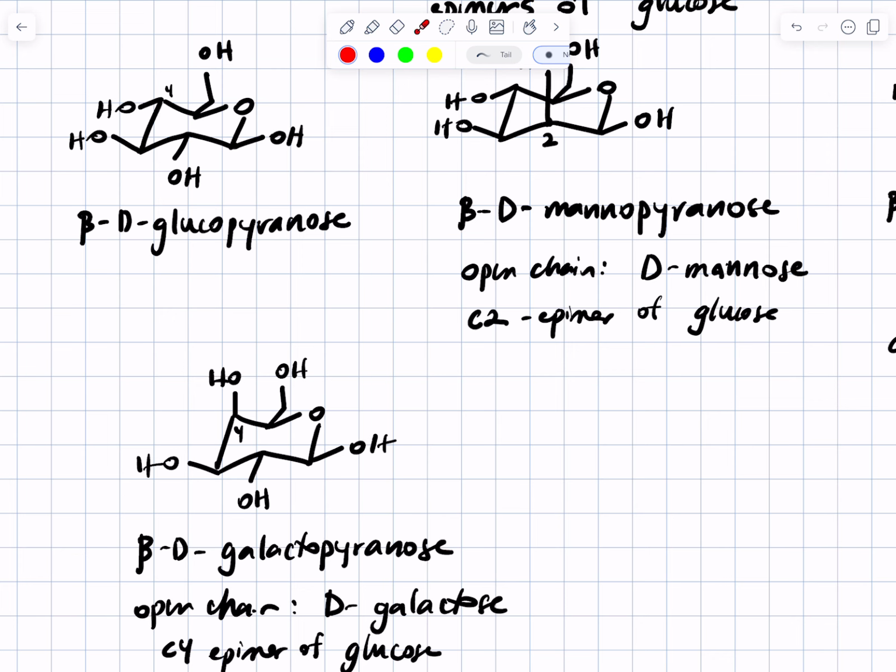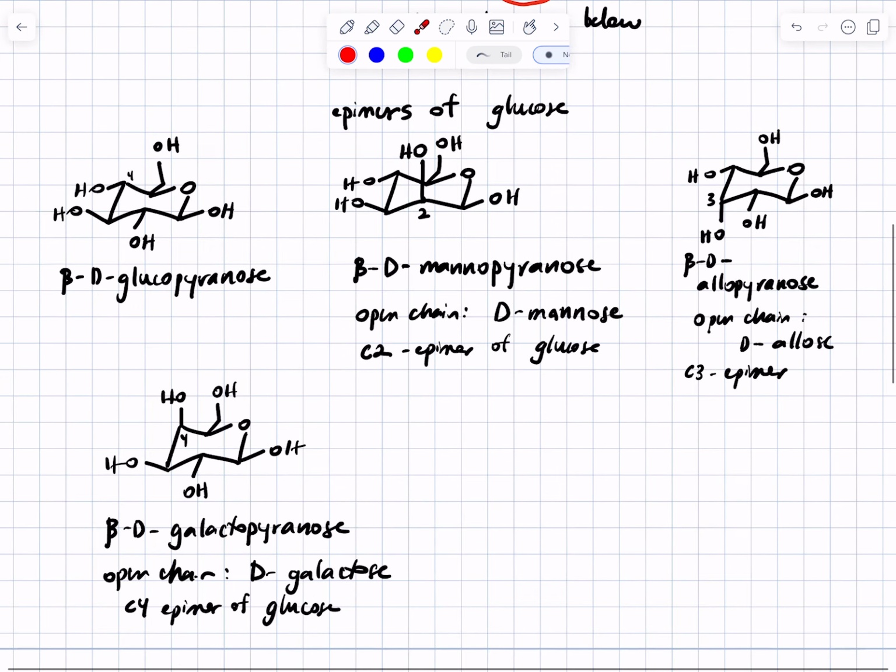Yeah? The gluco, mano, and galacto, are those roots? Are they specific to changes at C2, C3, and C4? That's right. Mano is the C2 epimer of glucose.